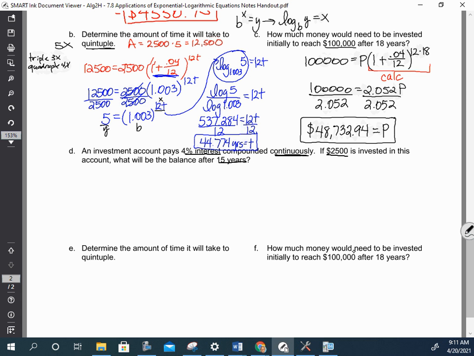So the second we see continuous, that's the equation we use. So initial value is 2,500. E is E. R is 0.04 times 15.